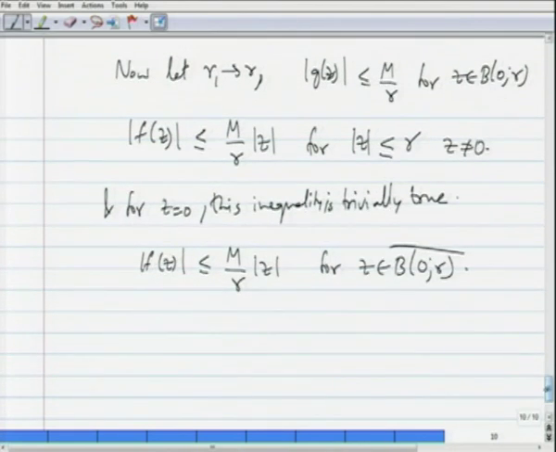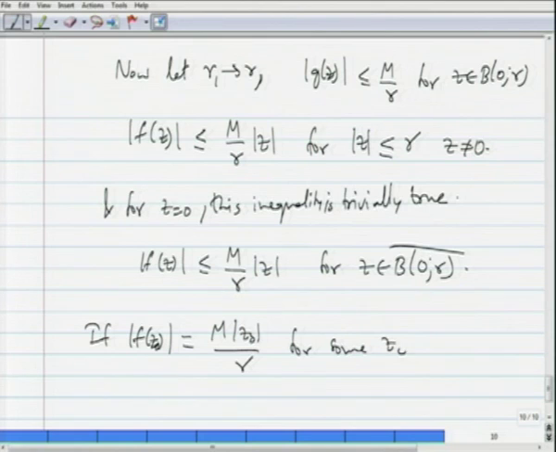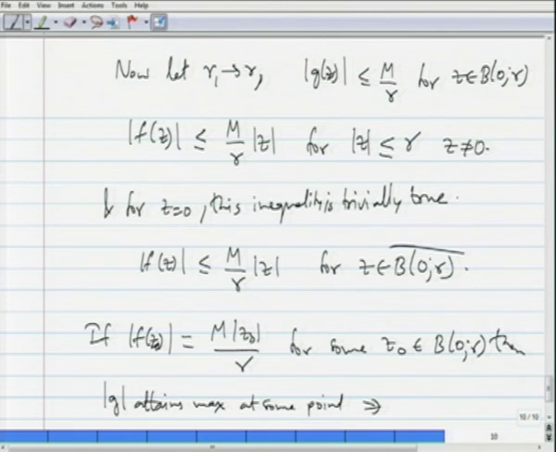Now, if equality occurs, if modulus of f of z0 happens to be equal to M mod z0 by r for some z0 in B(0, r), then mod g attains a maximum at some point inside the disk.